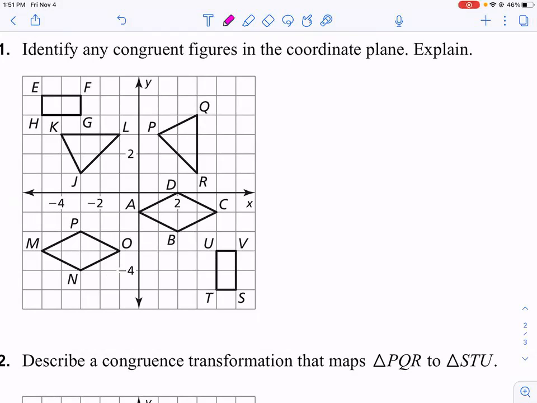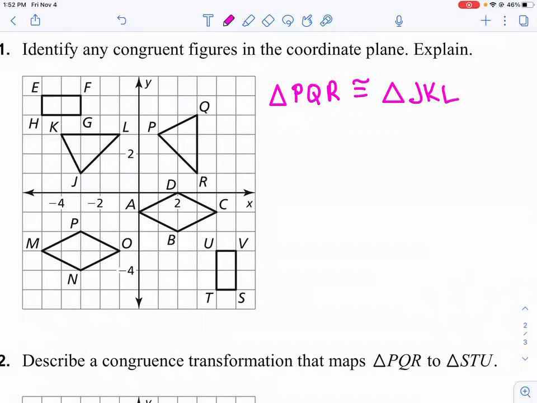Okay, so let's talk about triangle PQR. Well, P to Q, what's the same segment as P to Q? JK. And then let's make sure KL and QR correspond.